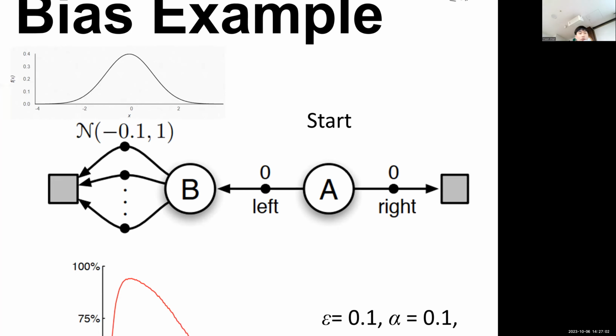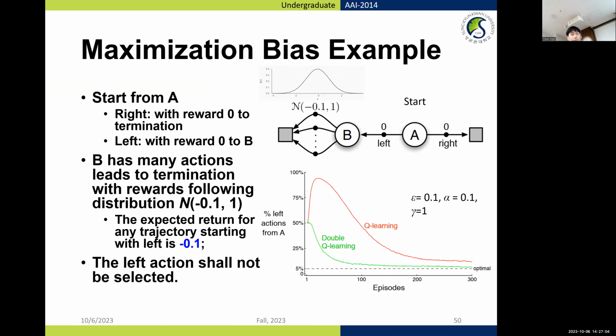But if we are using Q-learning, eventually we are updating the state action value based on this mean. Actually, eventually it's the mean, right?